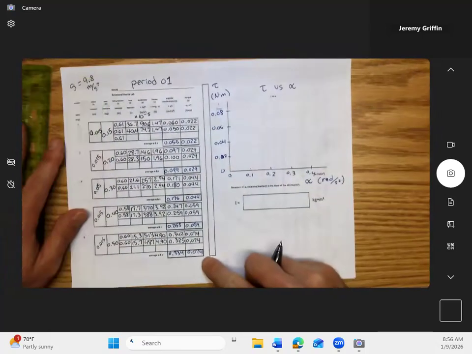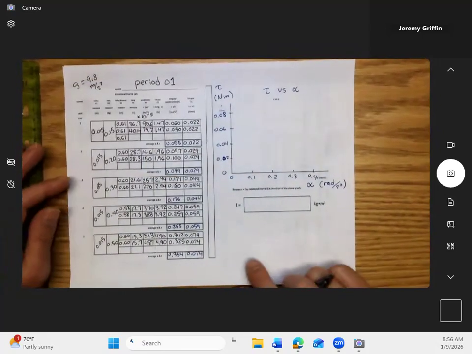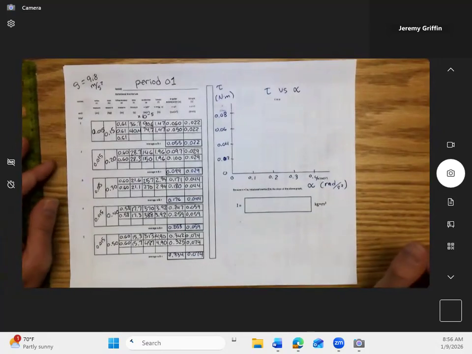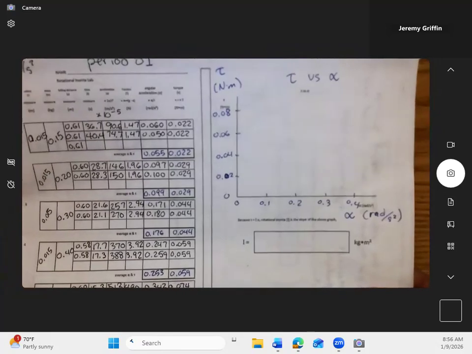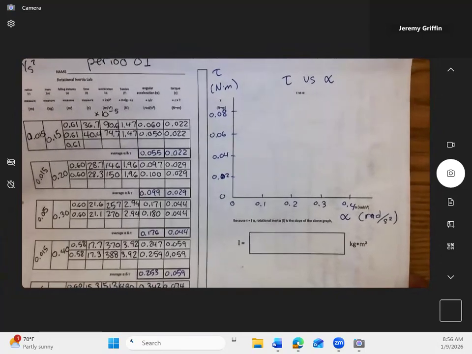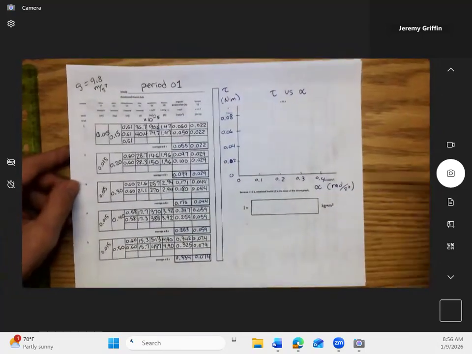There you go. That will contain all the torque values, and it goes up higher than the highest torque. Any question about anything so far? About where any of these numbers are coming from? All right, so let's plot these points.